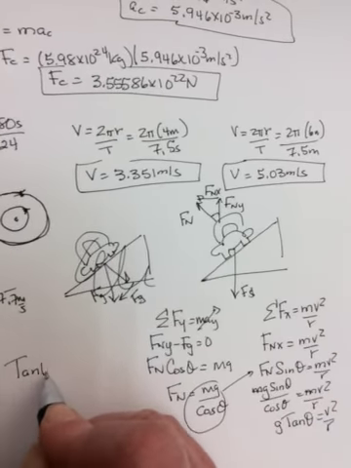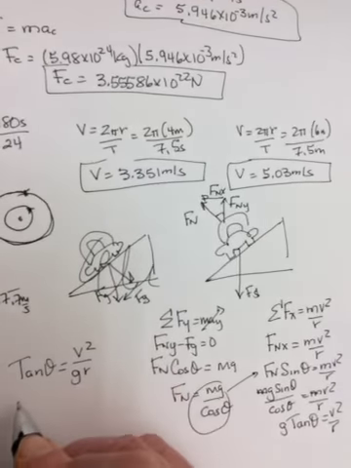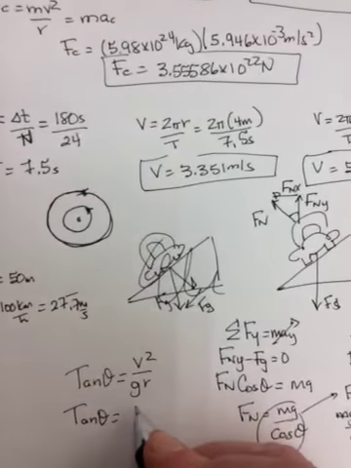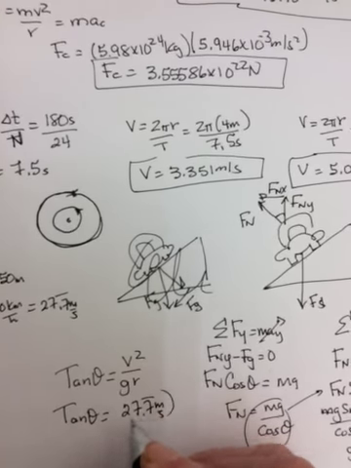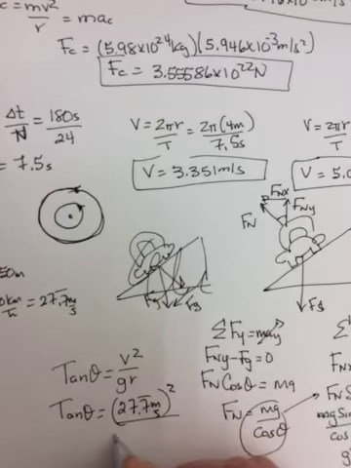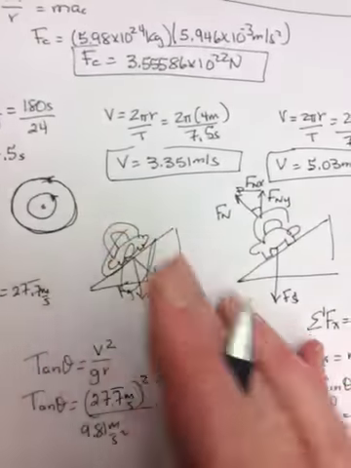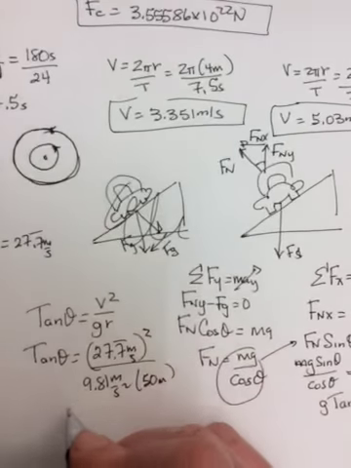So tan theta is going to equal v squared over gr. So tan theta is going to equal 27.7 repeating meters per second, squared, over 9.81 meters per second squared times 50 meters. Okay?